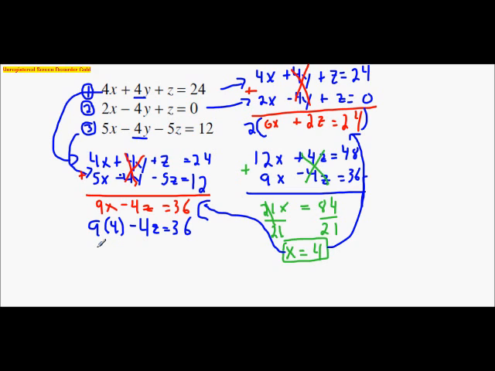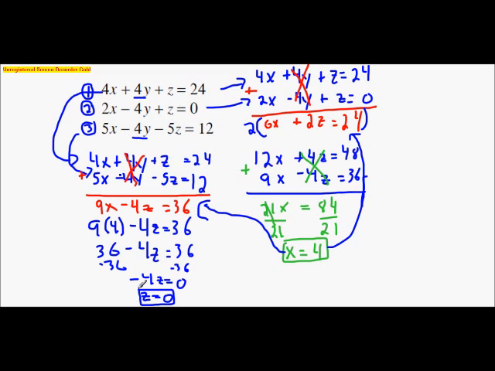We have 9 times 4 is 36, minus 4z equals 36. All right, I'm going to solve for z here. I'm going to subtract 36, and I get negative 4z equals 0. And so, what makes that 0? z equals 0. So that right there is my second variable.